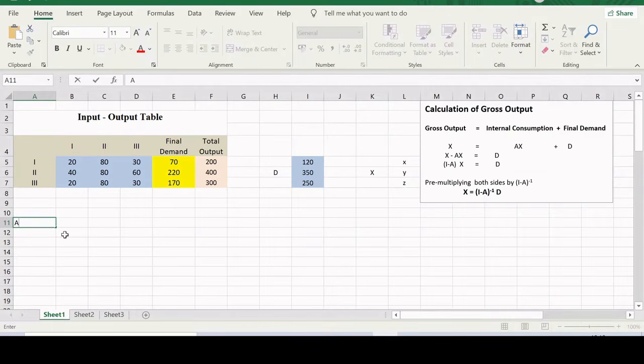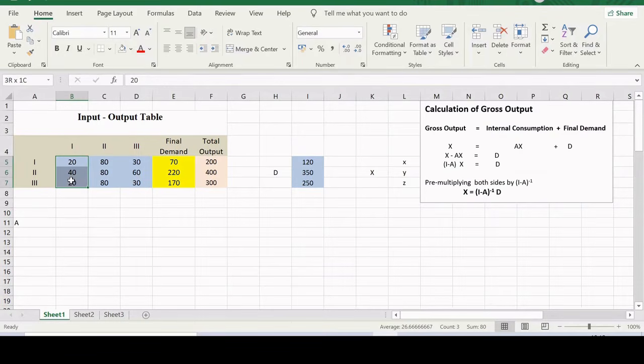To find out the elements of matrix A, or in other words to find out the input to output ratio for each sector, we have to simply divide the input requirement of each sector by their respective outputs. So if I have to calculate the input requirement per unit of output for sector 1, then the total input requirement of sector 1 is 20, 40 and 20.